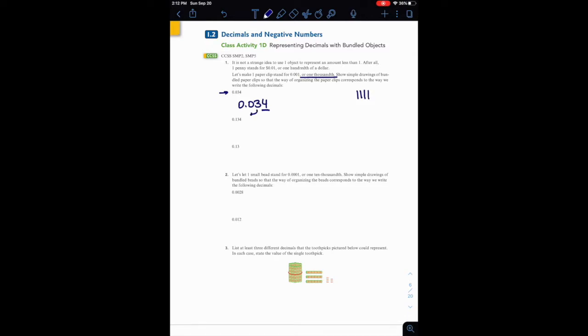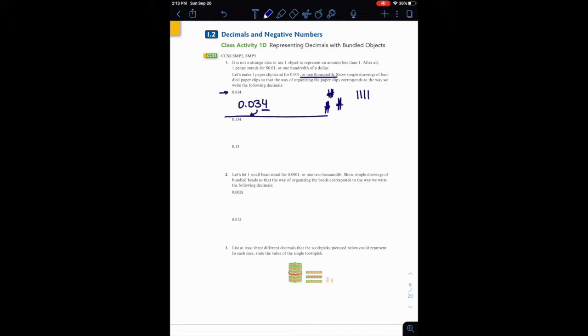So we should have 4 of those loose. What does 3 stand for? Well, 3 stands for 300ths, and the 100th is a bundle. So we would have 10 of them bundled up to make 100th, and we have 3 of those. How many tenths? There are no tenths in this number, but if we wanted tenths, those would be the Ziplocs, the 10 hundredths.